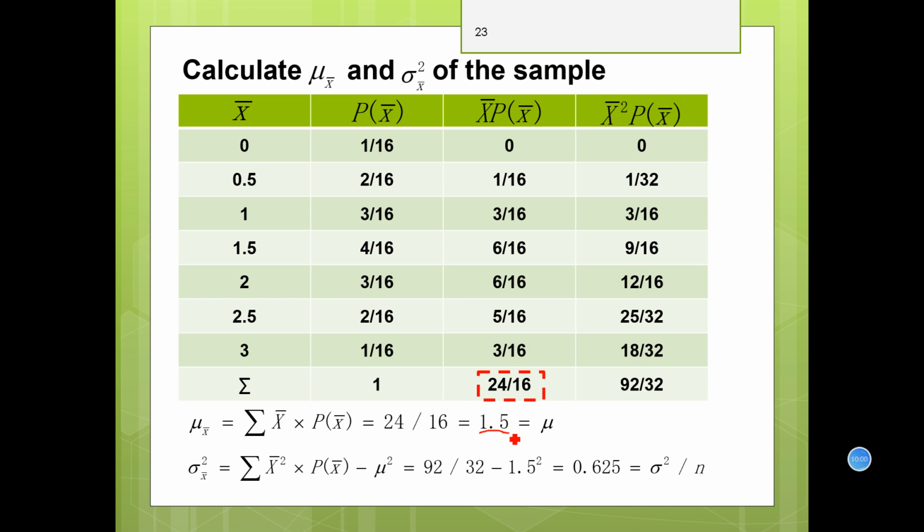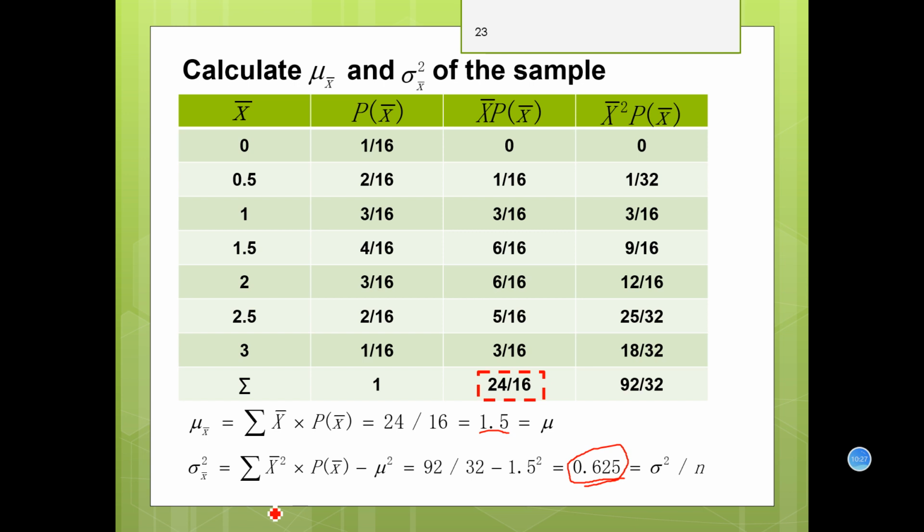And next one, how about sigma x bar square? We still use the same formula to get the value, and we will find that sigma x bar square equals 0.625, which is exactly equal to sigma square over n.